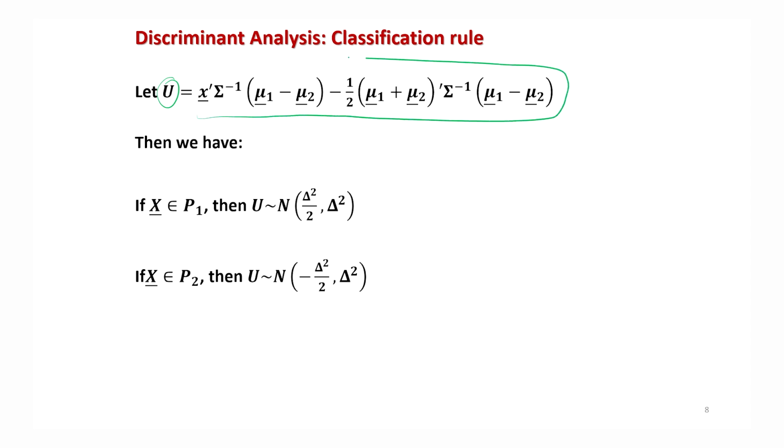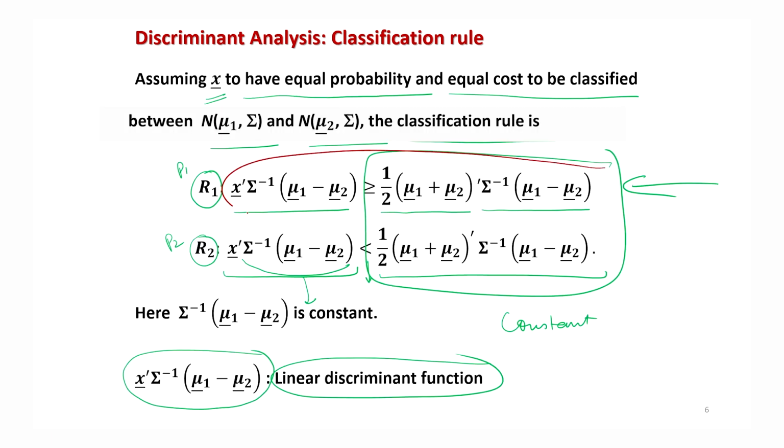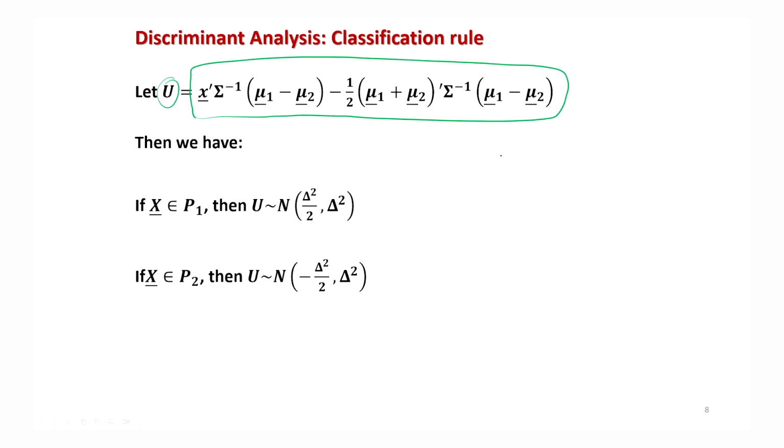Now we create this statistic U, which is nothing but your discriminant rule. You can see here the same rule. I will not give you the complete algebra, but after some statistical analysis I can show very easily that if x belongs to P1, then this statistic U has a normal distribution with mean delta square by 2 and variance delta square.